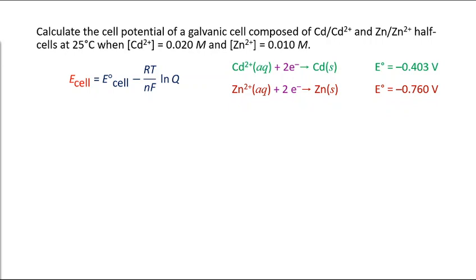If zinc 2 plus is going to become a zinc solid, it has to gain 2 electrons. And either by looking them up on a table that we're going to give you, or if I give them to you on the exam, you can determine that the standard potential of your cadmium half cell is going to be negative 0.403 volts, and the standard potential of your zinc half cell is going to be negative 0.760 volts.